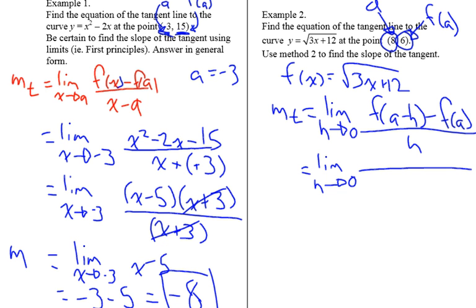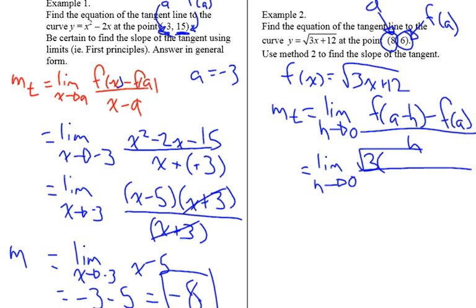How about we get everything out there. So what is our f of a minus h going to be? So we do need to use a function, right? So we have our square root of 3.